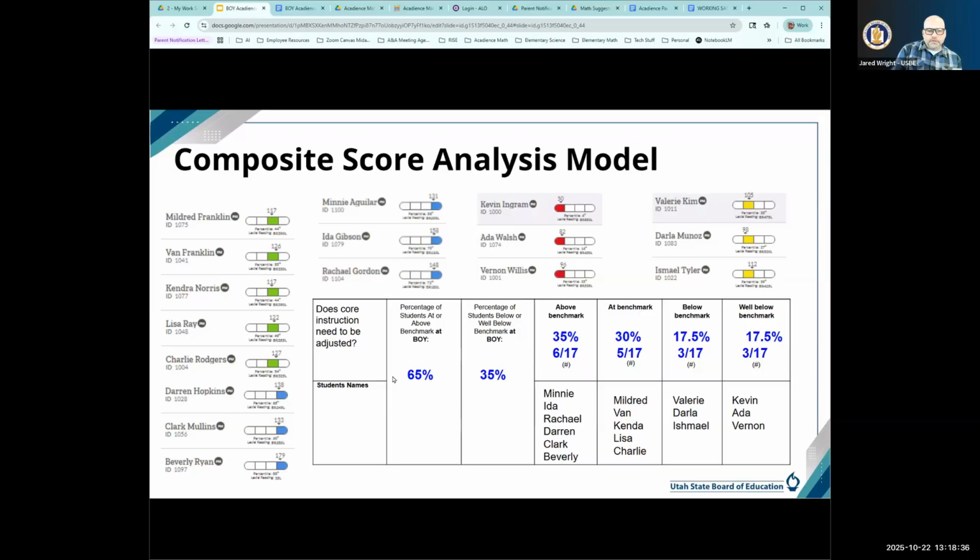If I'm seeing a certain piece of data, I'm also seeing it through the lens of, well, maybe I haven't taught that skill specifically to my students yet. I'm planning to do that in January. So I'm going to take this data with a bit of a grain of salt, just knowing that instruction is going to be coming, but I'm not going to get too worked up over what my students are showing.